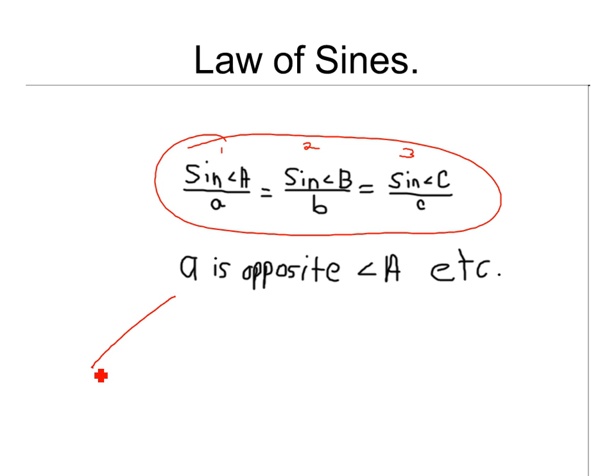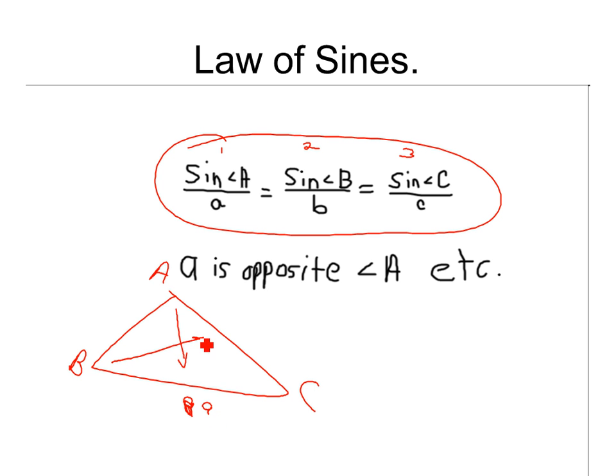Now, if you have a triangle, it doesn't have to have a right angle in it. If we have angle A here, angle B there, angle C there, remember that little a is always across from big A. Little b is across from big B, and little c is across from big C. So that's what these in the bottoms are.